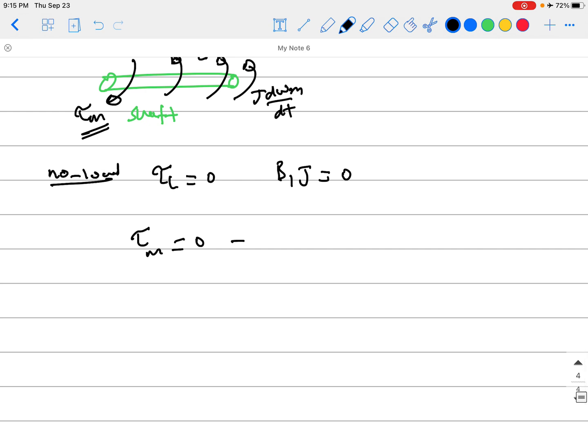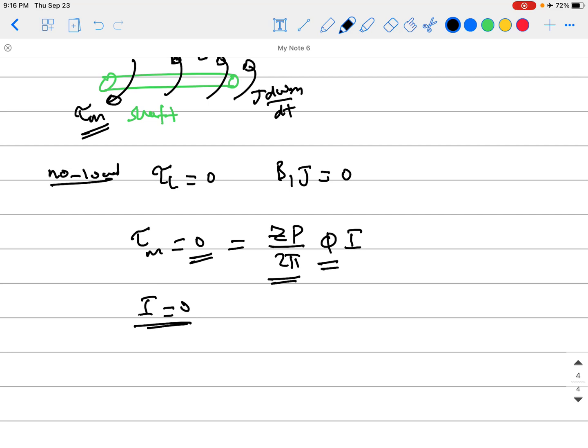Now you have an equation, because this motor torque equals Zp over 2 pi times phi times I. This constant will not be 0 anyway, and the flux will not be 0 because it's coming from the poles, and the poles give flux anyway. So what will make the torque equal 0? It is just the current equals 0. For no load, there will be no current moving inside the machine.